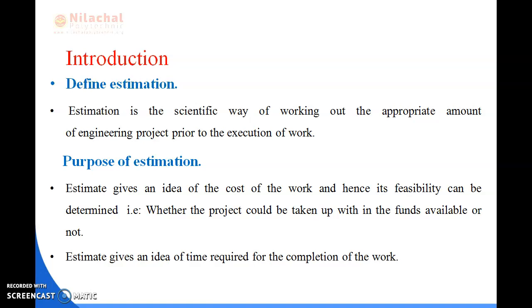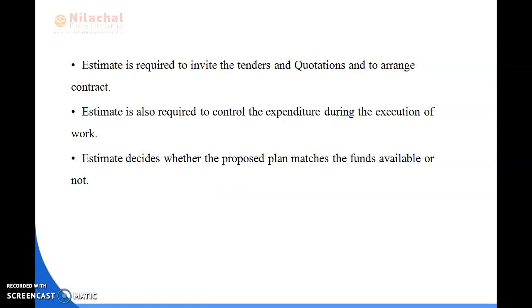After that, the estimate gives an idea about the time required for completion of the project. The estimate is required to invite tenders and quotations, to arrange the contract. The estimate is also required to control the expenditure during the execution of work. The estimate decides whether the proposed plan matches the fund available or not.